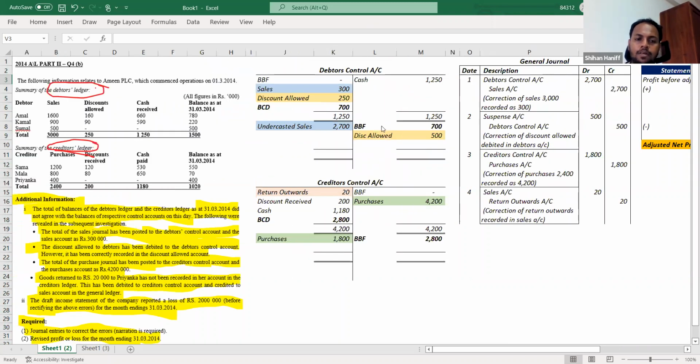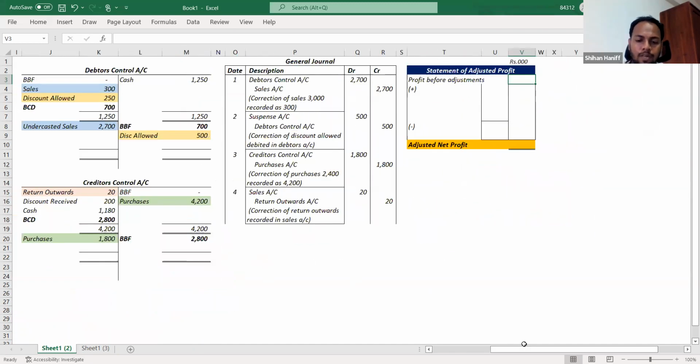Before the adjustment, the profit was given here. The draft income statement of the company reported a loss of 2 million. So we will write minus 2,000, 2 million. Okay. Now, the adjusted profit statement is very easy, simple.